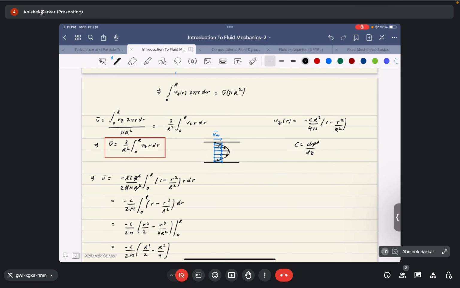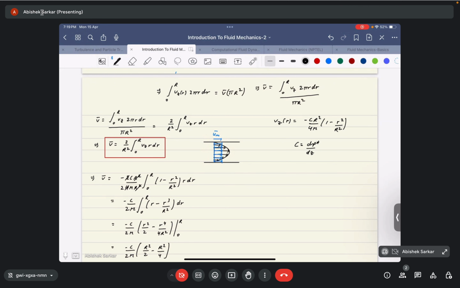Then it would basically mean that v bar, the average velocity, would be equal to the integration from 0 to R of vz into 2 pi r dr, where 2 pi r dr is the elemental area in the cylindrical cross section, divided by pi R square.